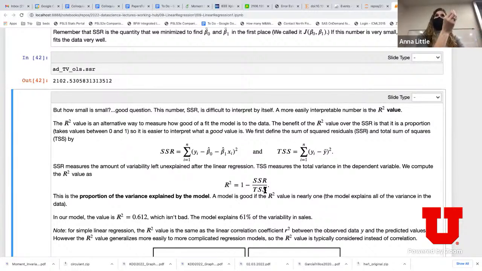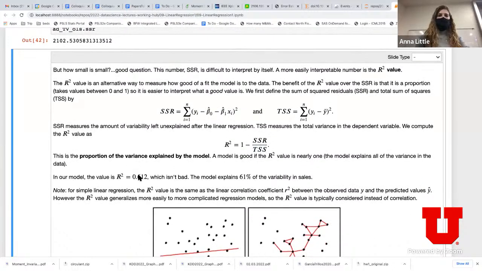What percentage of the variance in the data is captured by the linear model? Okay, so this is a useful quantity. And in our case, it was 0.61. So we would interpret that as 61.2% of the variance in sales can be accounted for by this linear relationship with TV advertising.